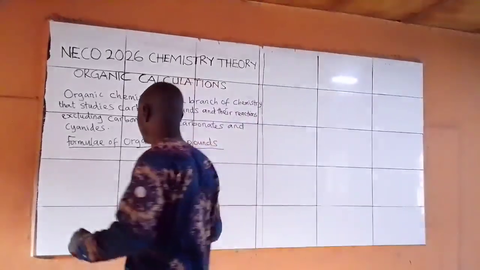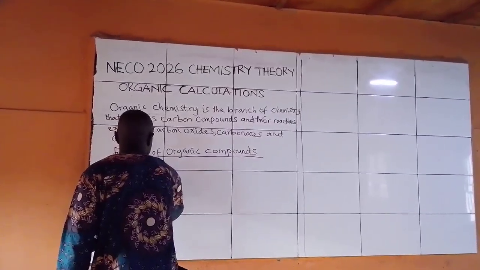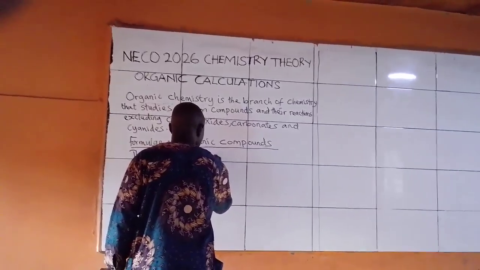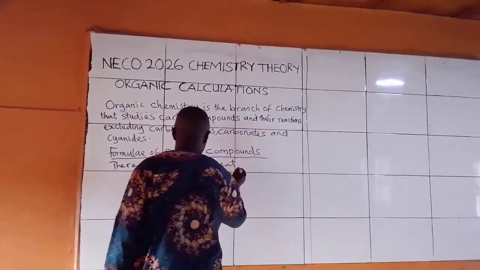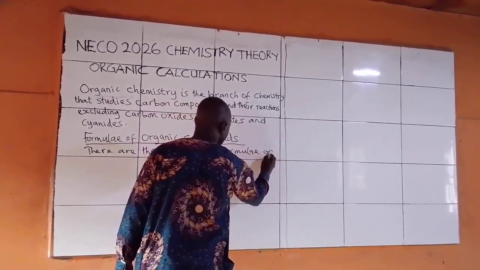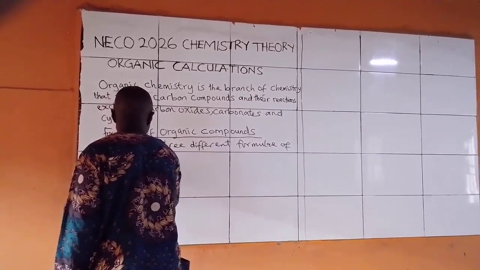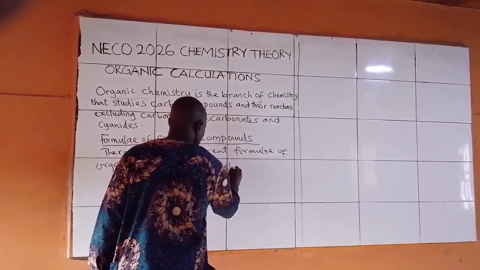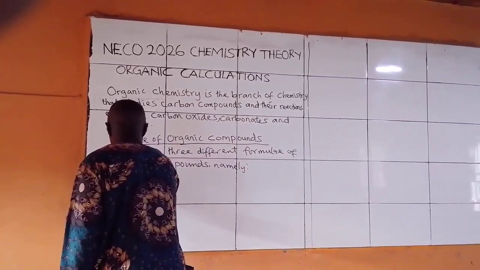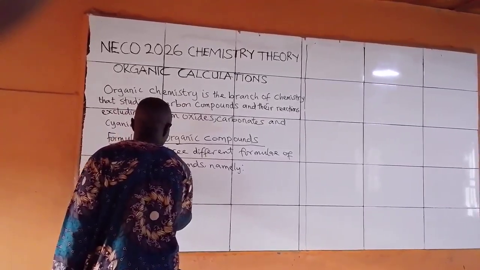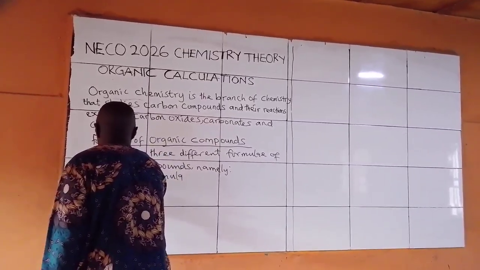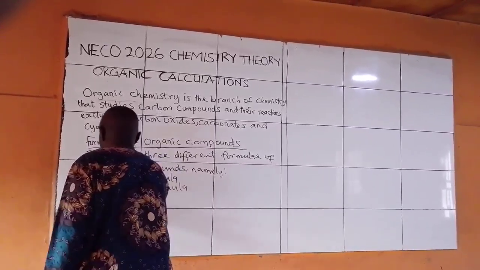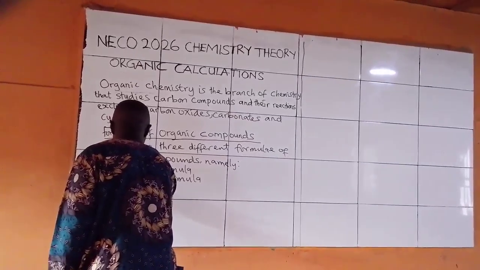There are three different formulas of organic compounds, namely: one is empirical formula, the second one is molecular formula, and the third formula is structural formula.